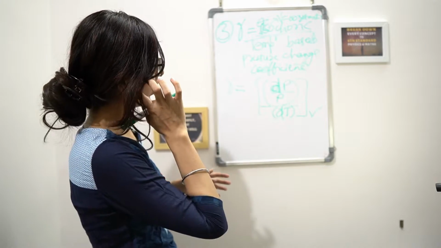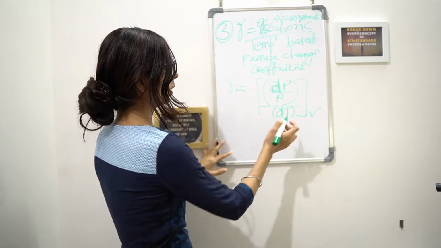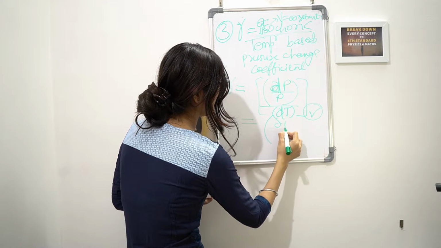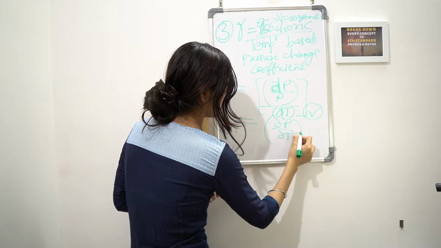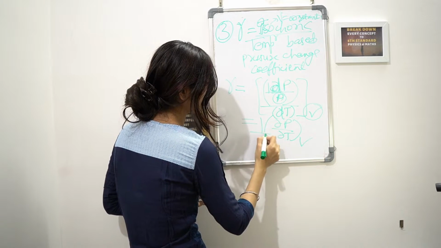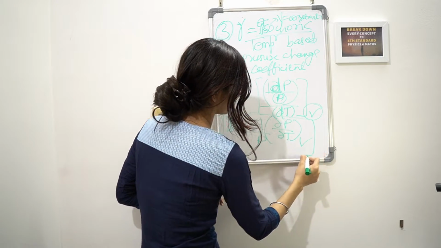So it is dP by P divided by dT at V. I introduced a constant here, so it will convert into del P by del T at V, and this 1 by P would be coming outside, and this is the formula of gamma.